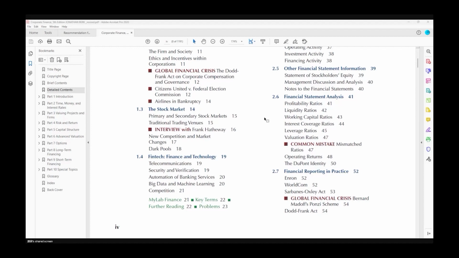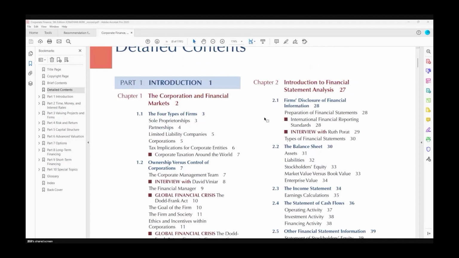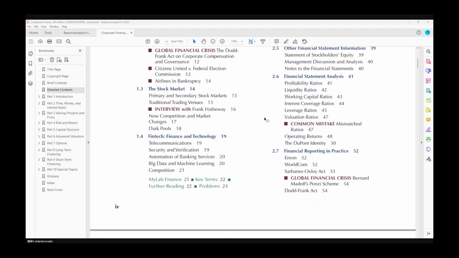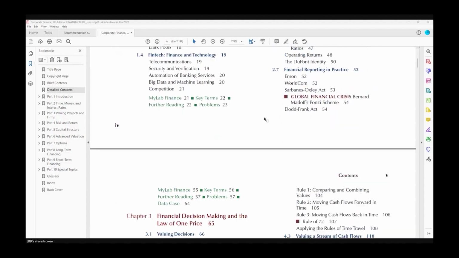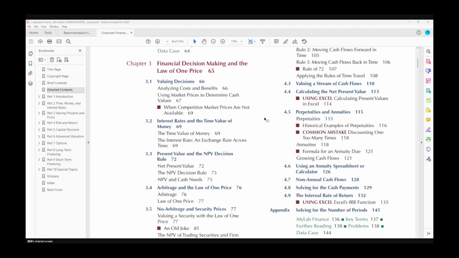And in the second chapter, oh sorry, we just skip it. The second chapter is about financial statement analysis. You have another course next semester. And then in chapter 3, we have some value decisions.